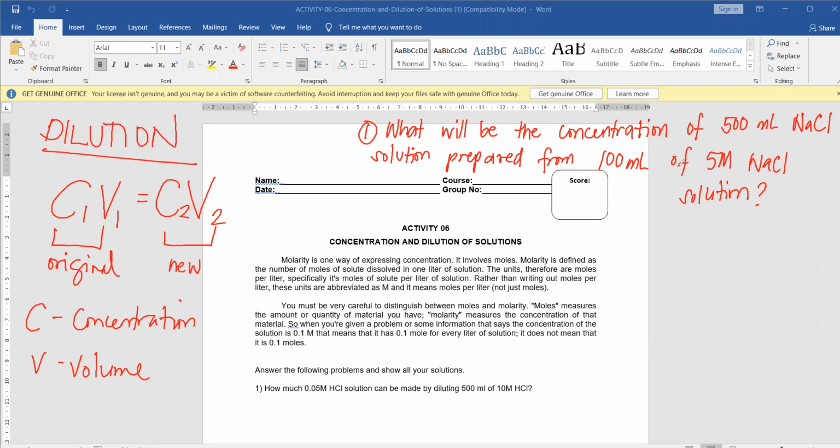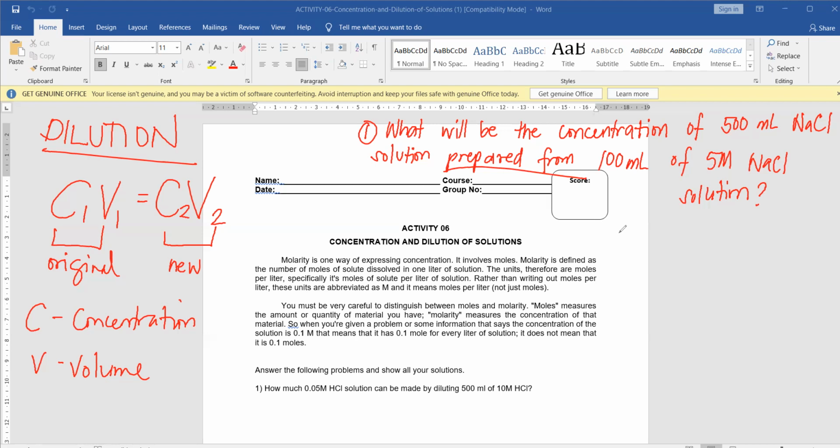So kagaya nito, what will be the concentration of 500 ml NaCl solution prepared from, so this is a hint for you that the next givens will be for the original solution, or we call it actually the stock solution or the more concentrated solution. So meron ka dyang 5m sodium chloride solution, ang volume niya ay 100. Tapos ang ginawa, nagdagdag ng water, naging 500 ml na siya. So ano na daw yung bago niya na concentration?